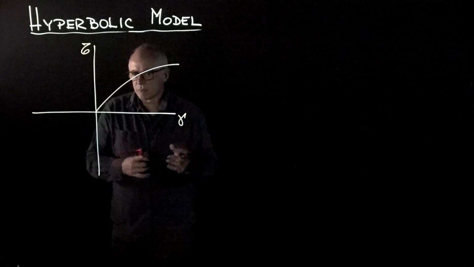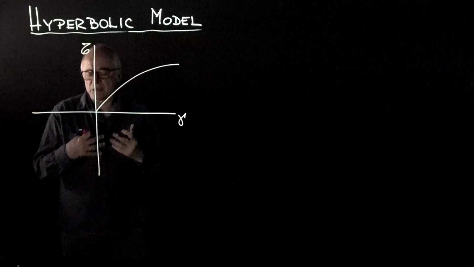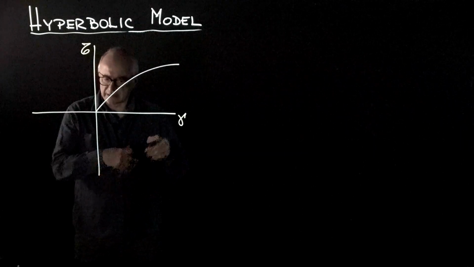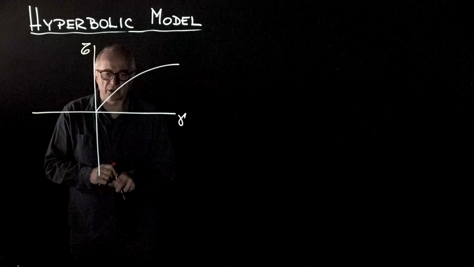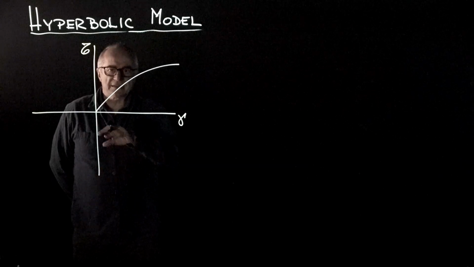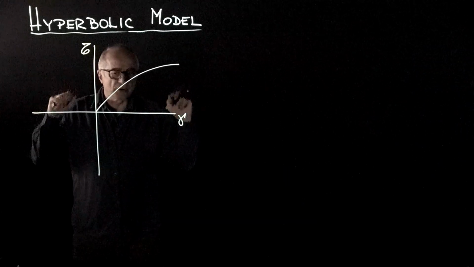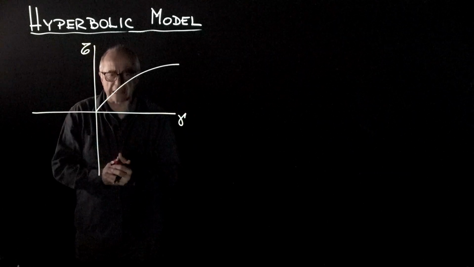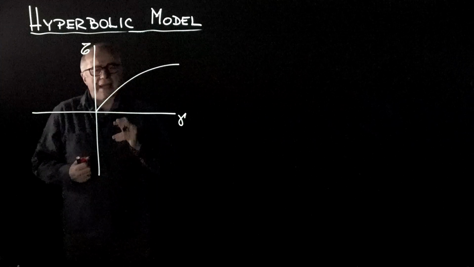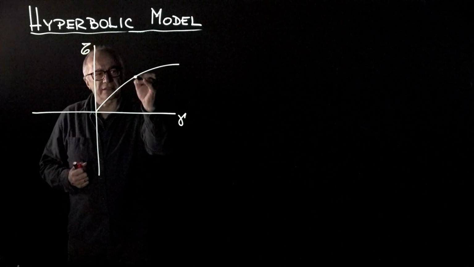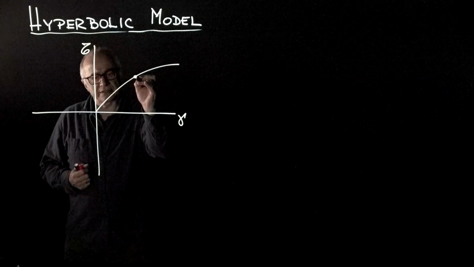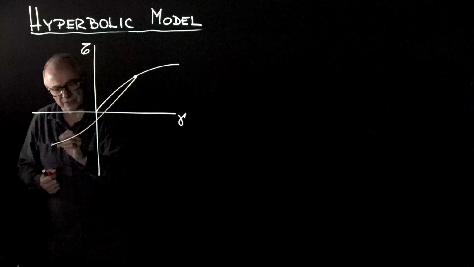Let me show you one more very useful application of these hyperbolic models and the generalization through the Ramberg-Osgood model. If this is what we are going to call the backbone curve, if this is the actual shear stress, shear strain response, and we load the soil to a certain point and then we unload it, then it's going to describe the following behavior.